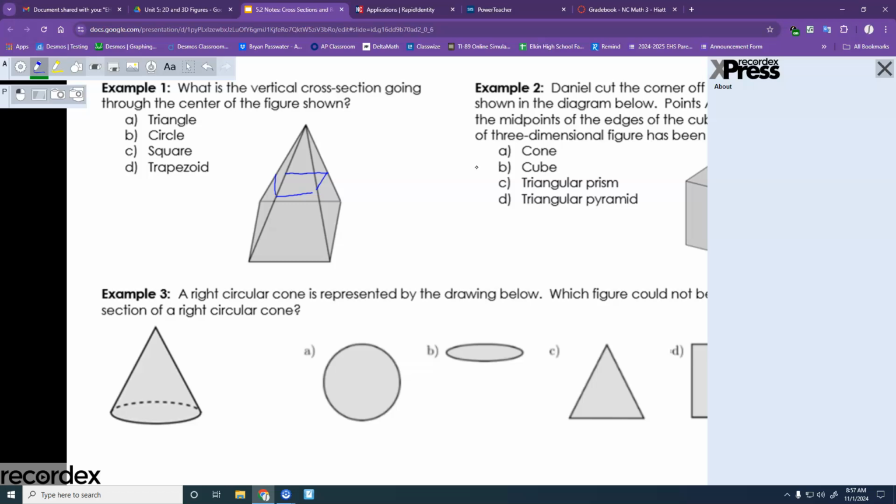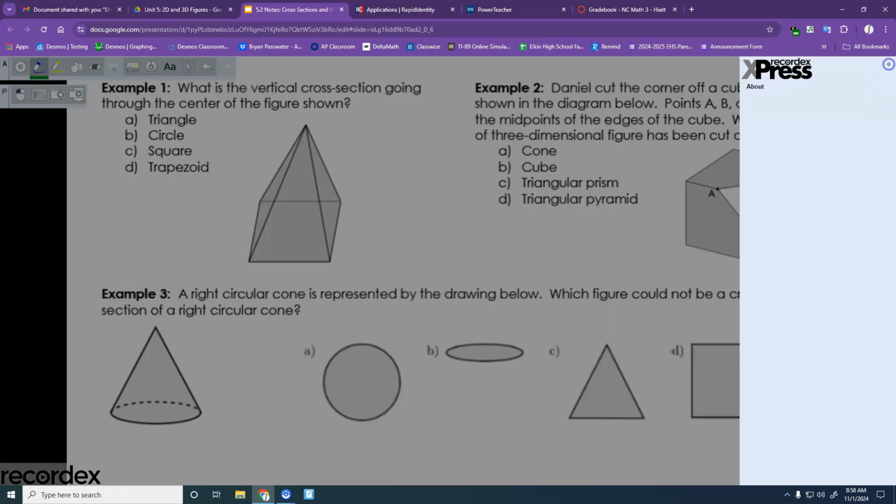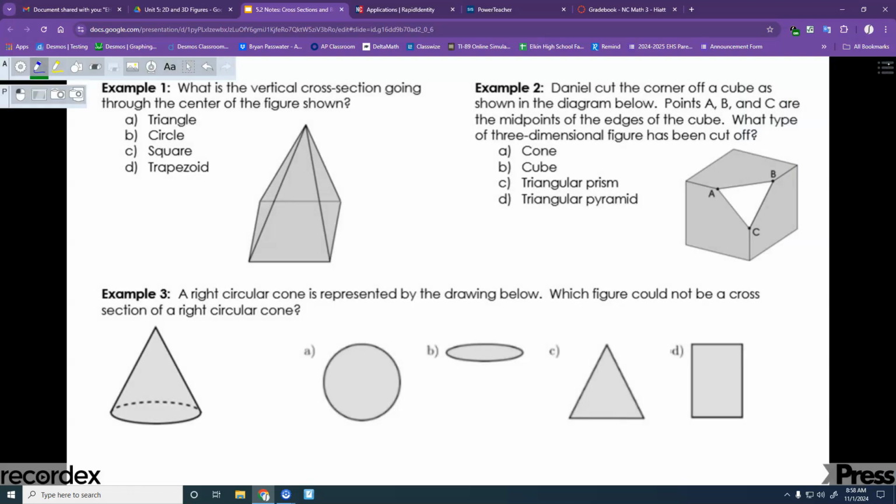So if we cut this horizontally, it would be the same shape as the base. I think that's meant to be a rectangle there, although maybe a trapezoid, but I think it's meant to be a rectangle. It could possibly be a square in that case. But the question as written is asking for vertical, which would be a triangle. Okay?